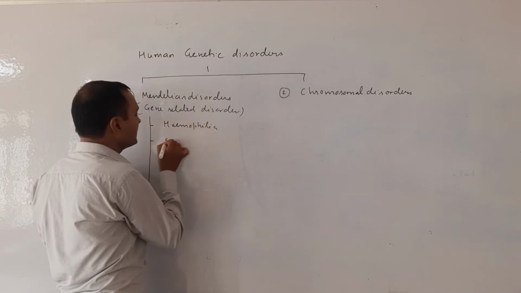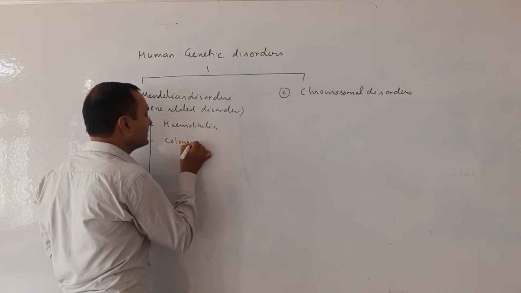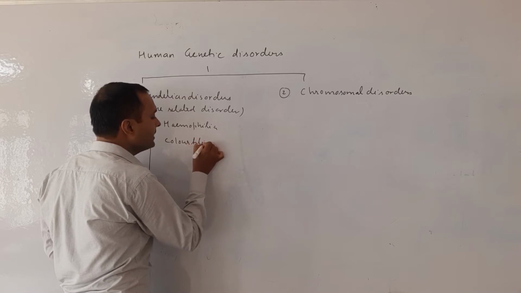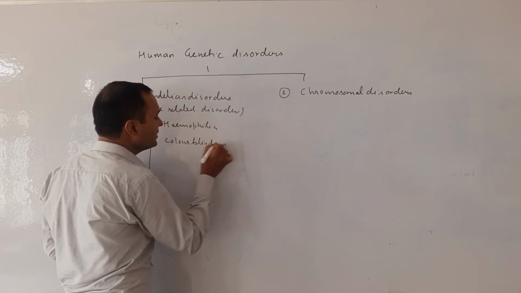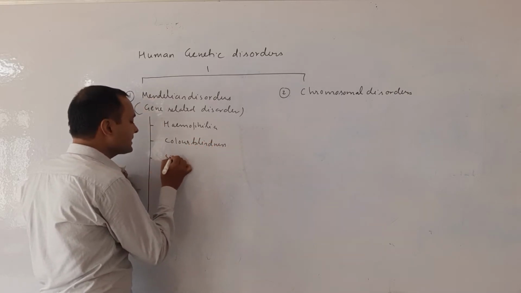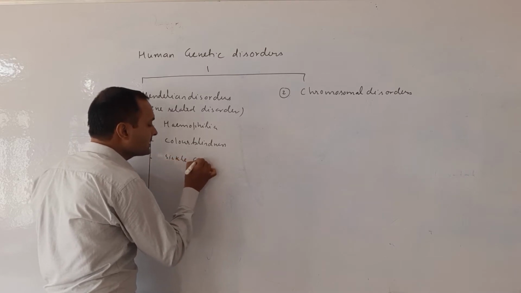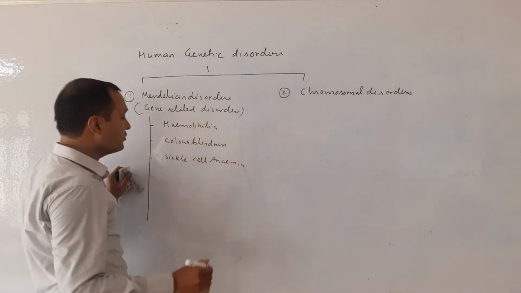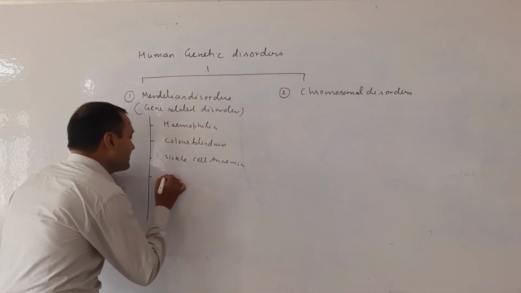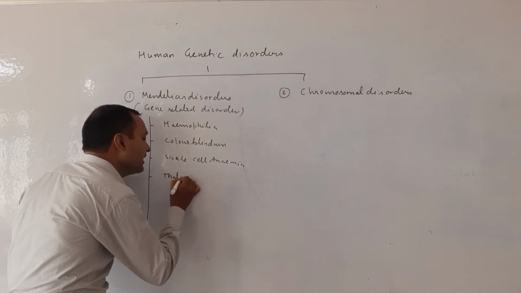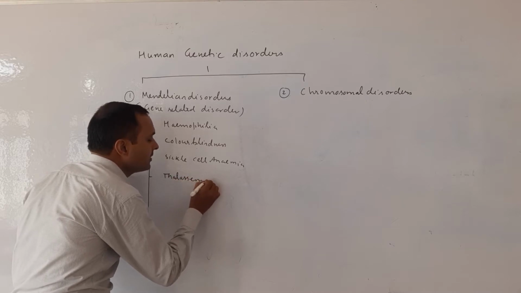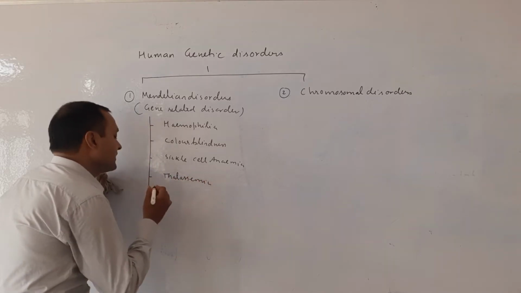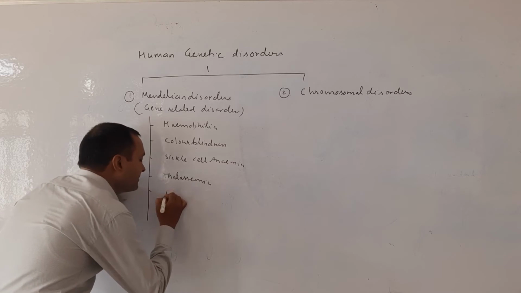Second one, color blindness. Third one is sickle cell anemia. Fourth one is thalassemia. Fifth one is phenylketonuria.